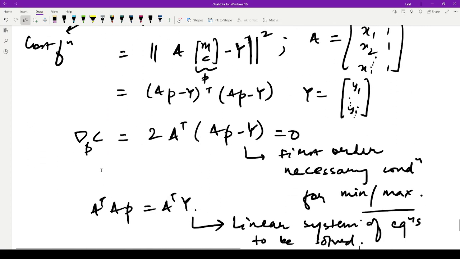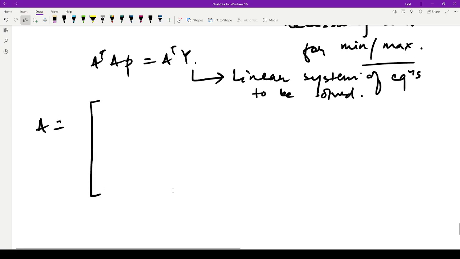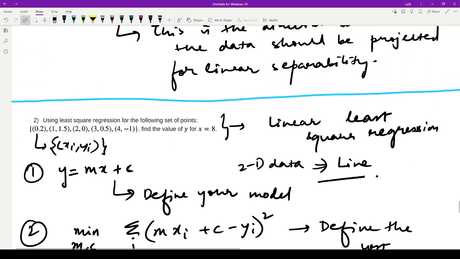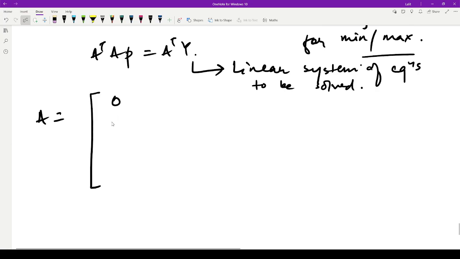So what is it that we need to do? We need to first get A and Y and then do A transpose A and then do A transpose Y. So what will be the matrix A here? If I see these points, matrix A contains just the x coordinates 0, 1, 2, 3, 4, okay, and 1 appended to it. What about Y?